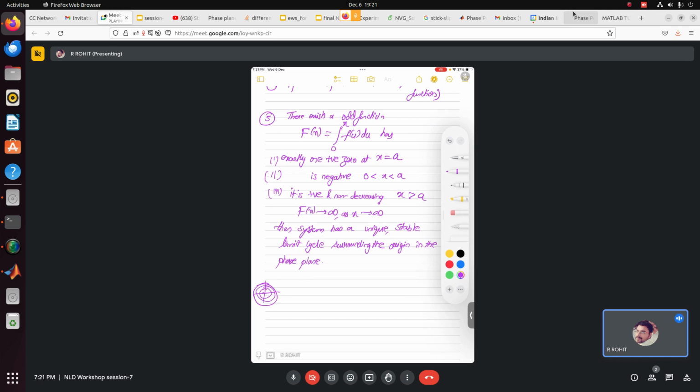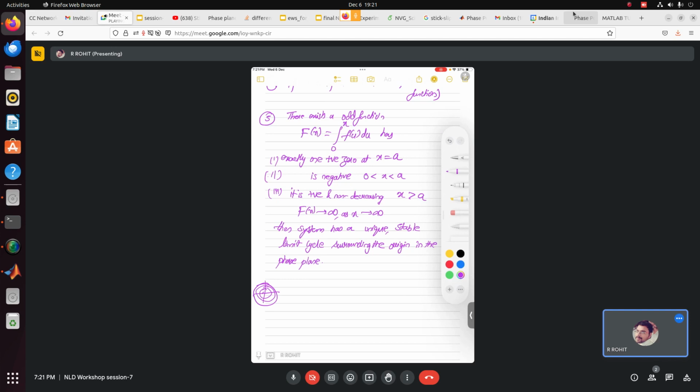The assumption on g of x, that g of minus x equals minus g of x, is nothing but the restoring force acting like an ordinary spring, pulling back and tending to reduce any displacement, whereas the assumption on f of x, that f of minus x equals f of x, implies that the damping is negative at small values of x and positive for large values of x.